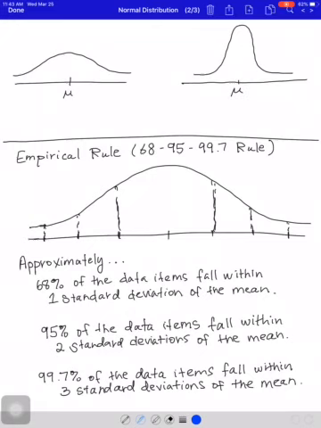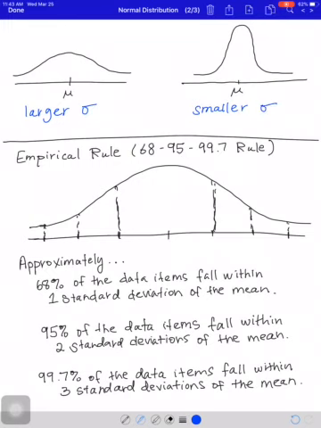Notice they are both bell-shaped, but they have different shapes. The first one is a little flatter, it's more spread out, and that means that it has a larger standard deviation. Whereas this other normal distribution, the skinnier one, the data values are less spread out. They're closer to the mean.